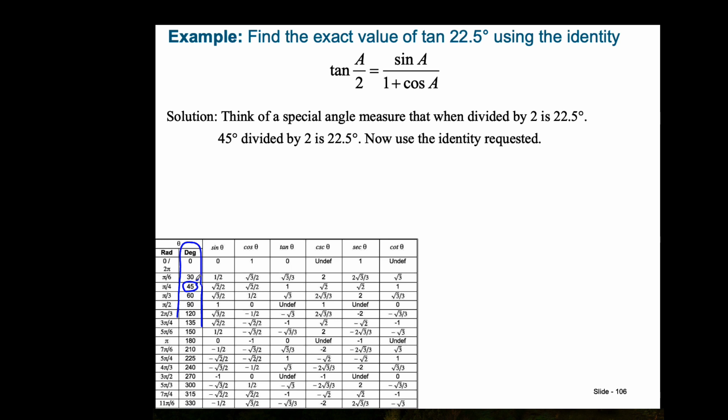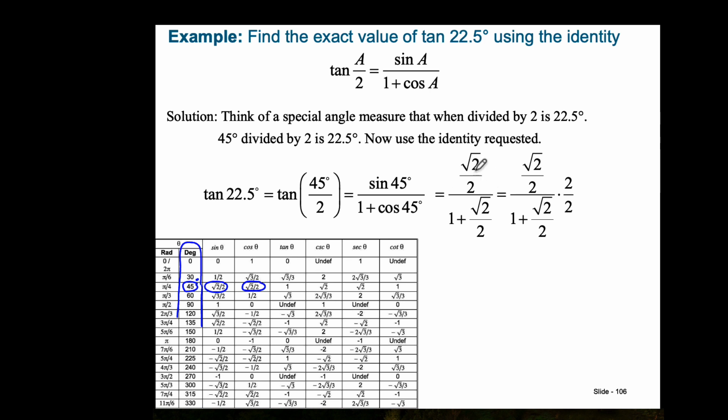And now we'll use the identity requested. Changing angle A into our selected 45 degrees, sine of 45 degrees over 1 plus cosine of 45 degrees. Now let's plug in the values of these. Sine of 45 degrees, radical 2 over 2, over 1 plus cosine of 45 degrees is radical 2 over 2.